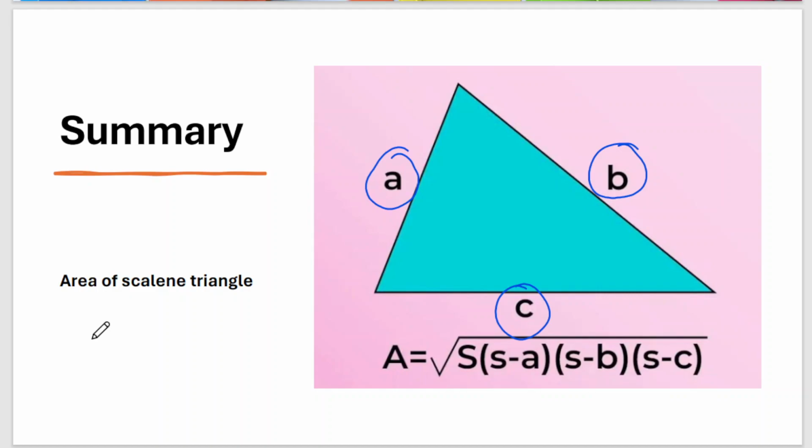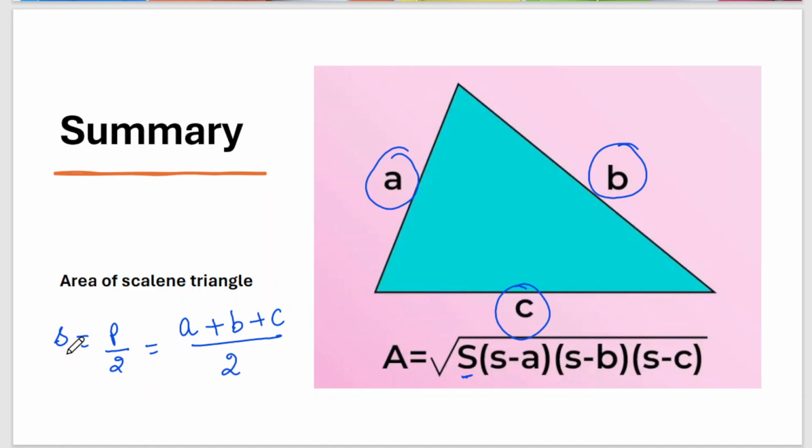So in a scalene triangle, the first basic thing was to find this S, which was called semi-perimeter. Semi-perimeter was nothing but the half of the perimeter. Okay. And what was the perimeter here? Perimeter is the sum of the length of the boundary. So A plus B plus C divided by 2.